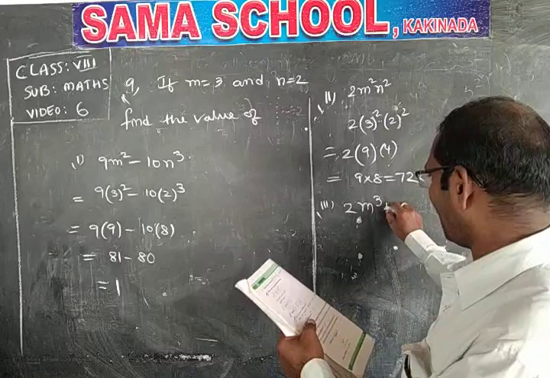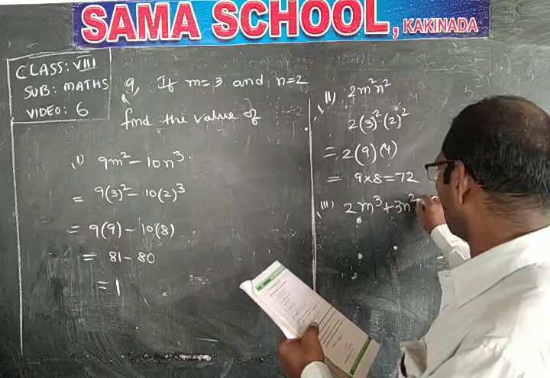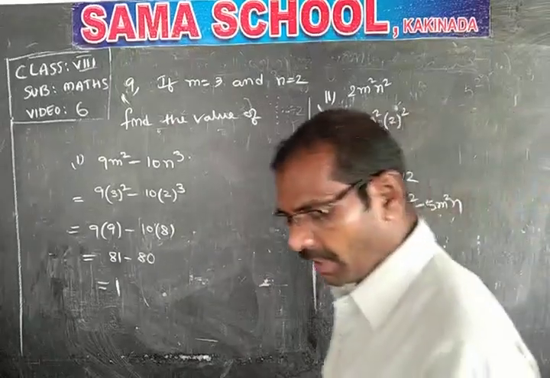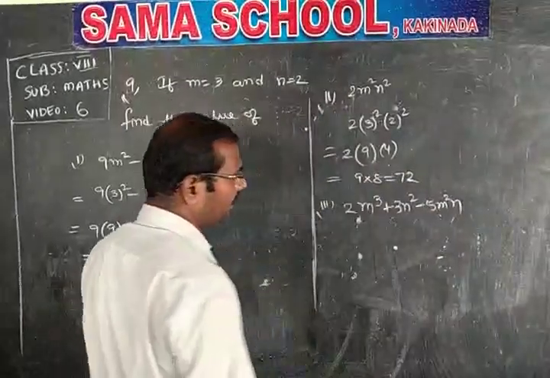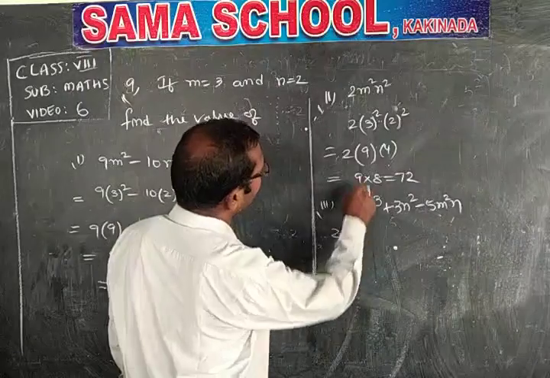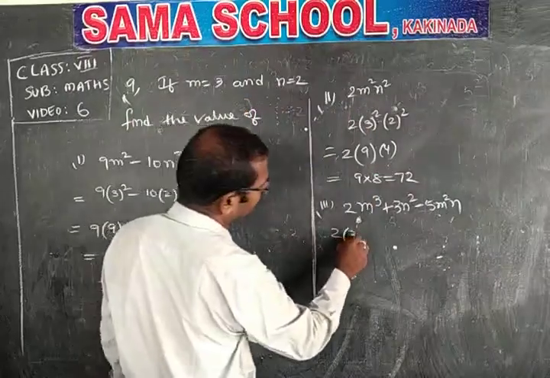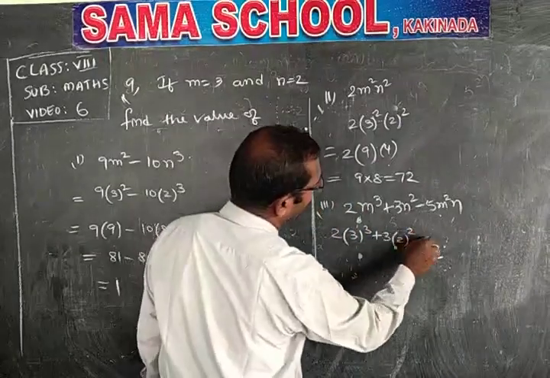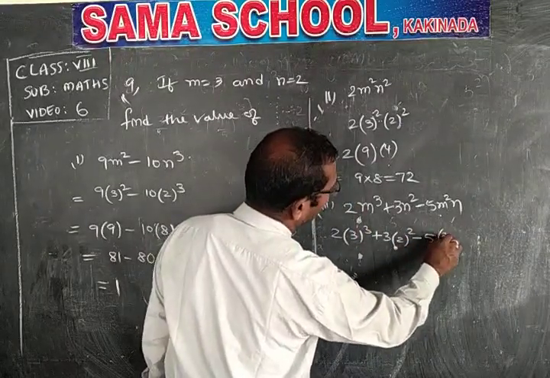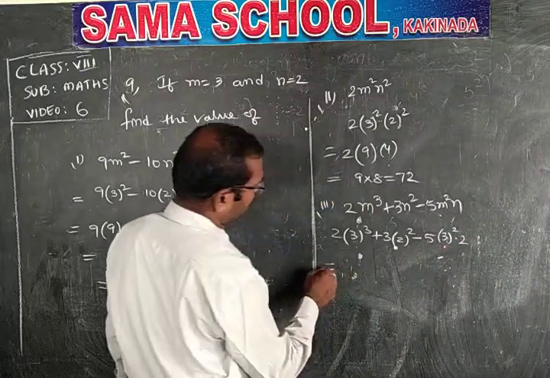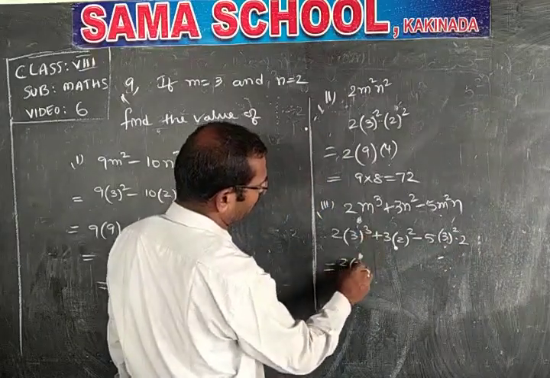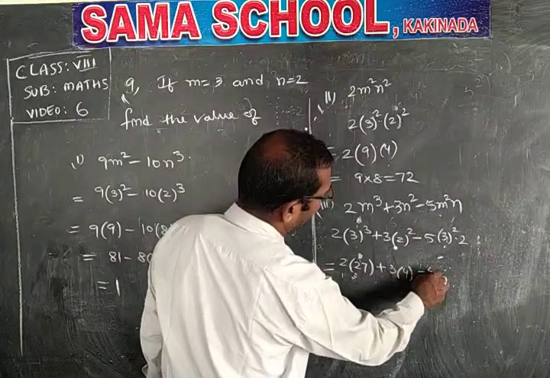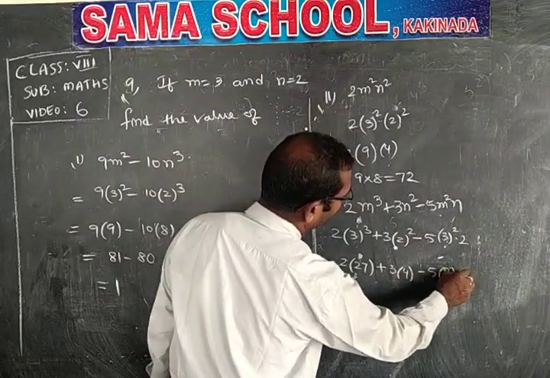The sum is given like this, a little bit different: 2m cube plus 3n square minus 5m square n. What does this mean? 2 into m means 3 cube, plus 3 into n means 2 square, minus 5 into m means 3 square, n means 2. 2 into 3 cube means 27, plus 3 into 2 square means 4, minus 5 into 9 into 2.